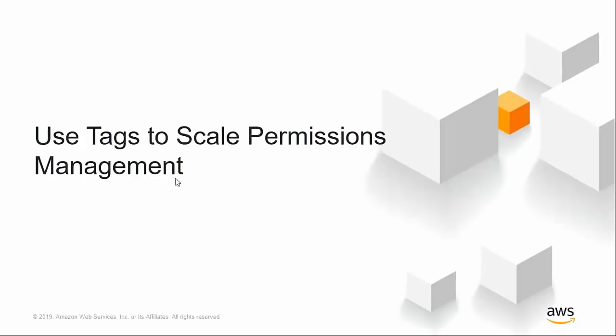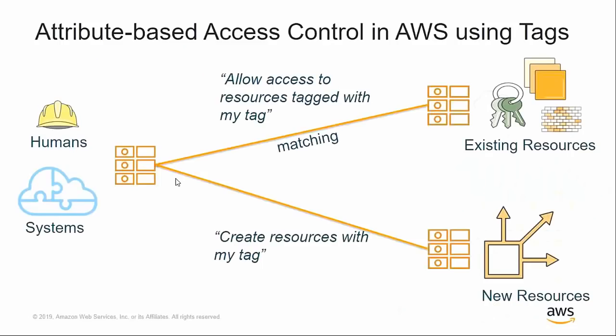Next up, using tags to scale permissions management. Tags are incredibly powerful, especially when you talk about attribute-based access control. And so what is ABAC, right? ABAC is simply matching when it comes down to it. You have humans and systems, those are roles, those are users, they have attributes that are tags, right?